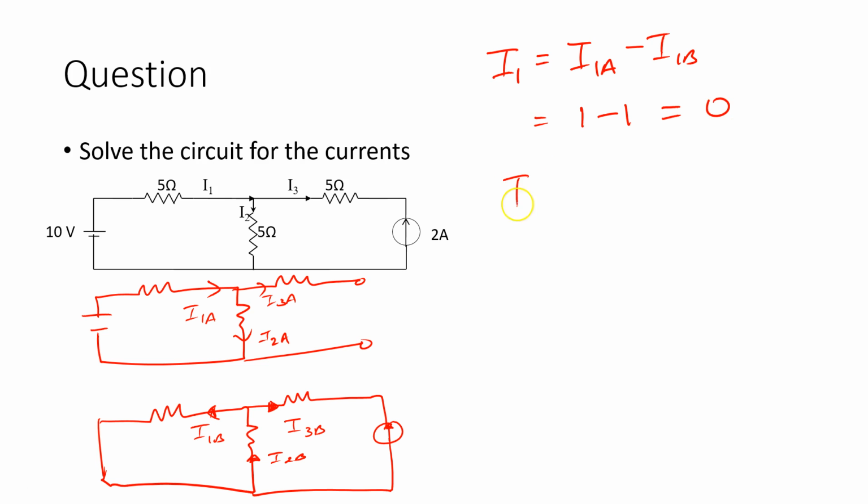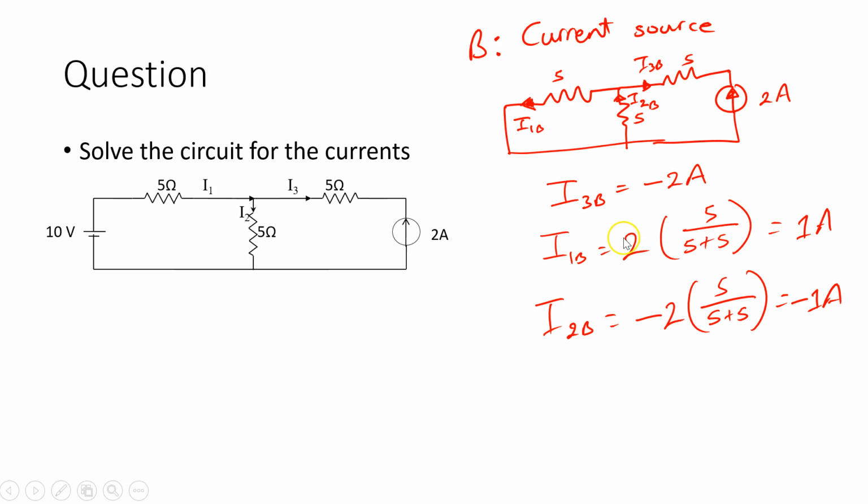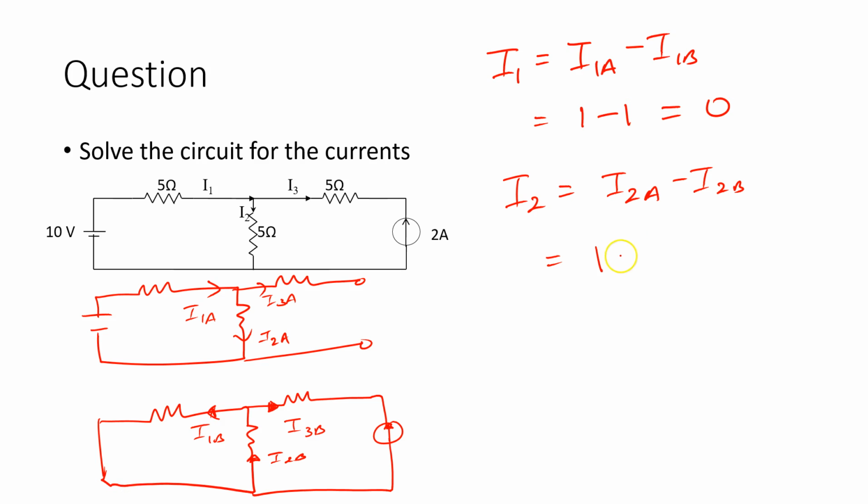Then we have I2, which is equal to I2A minus I2B, and I2A was also 1, and I2B was minus 1. 1 minus minus 1 is 2 amps.